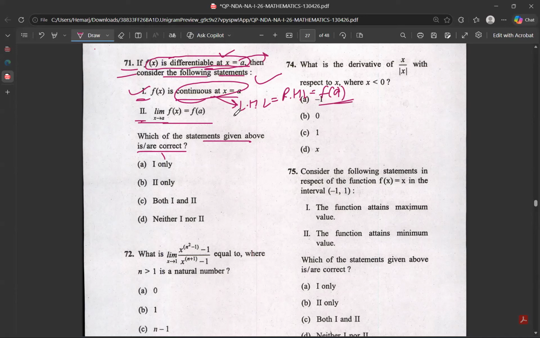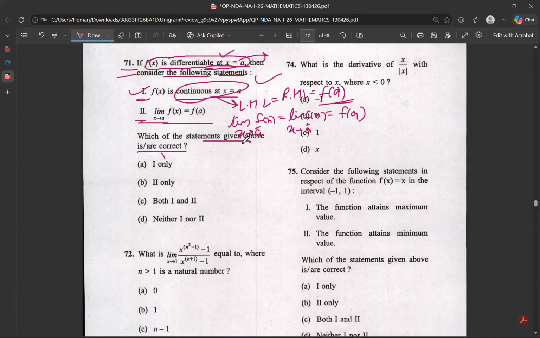This left hand limit is nothing but limit x tending to a minus f(x) is equal to limit x tending to a plus f(x) is equal to f(a).